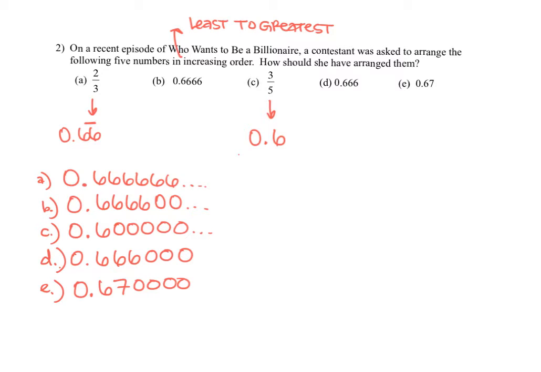0.67000. So one misconception is that people can think that because E has fewer digits, that it's smaller, but E is actually my biggest value, or my greatest one. Because they all start with 0 point, you can sort of ignore that.